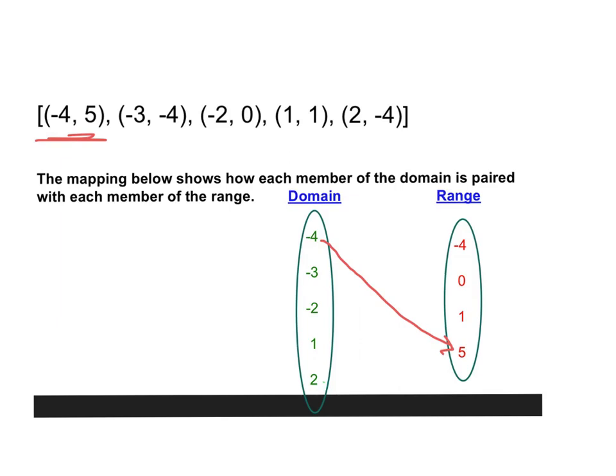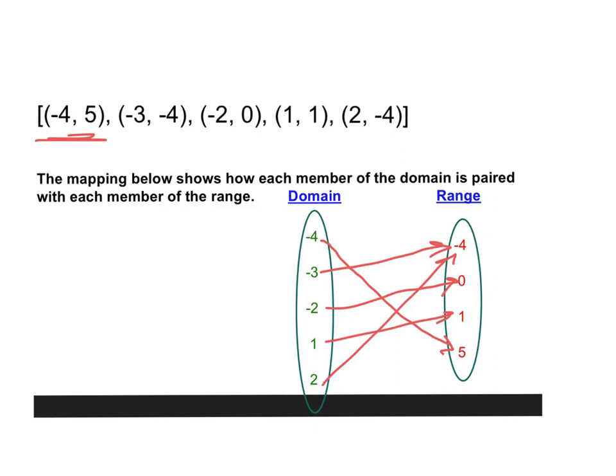So what I want you to do is finish drawing the arrows for the rest of the points. Okay, -3 goes to -4. -2 goes to 0. 1 goes to 1. And 2 goes to -4. How many have that for a map? Okay? So if you're asked to create a map, that's all you're doing. You're taking the points and you're creating a graphic out of it, a visual out of it, okay?